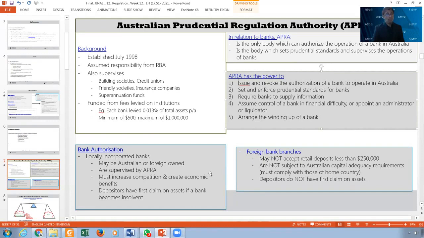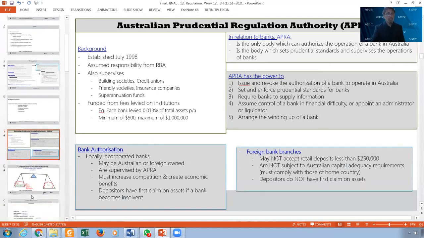One of the things we could notice here is that if you are a foreign bank incorporated outside Australia and operating in Australia, you can only receive deposits up to 250,000. As you know, in this country we have a lot of foreign banks, and we also have foreign banks that are incorporated here. Now, this is different. If it is incorporated here, it becomes like a Malaysian bank with foreign ownership.